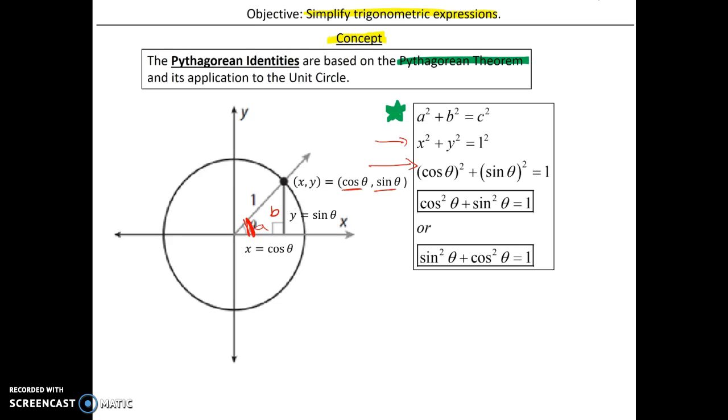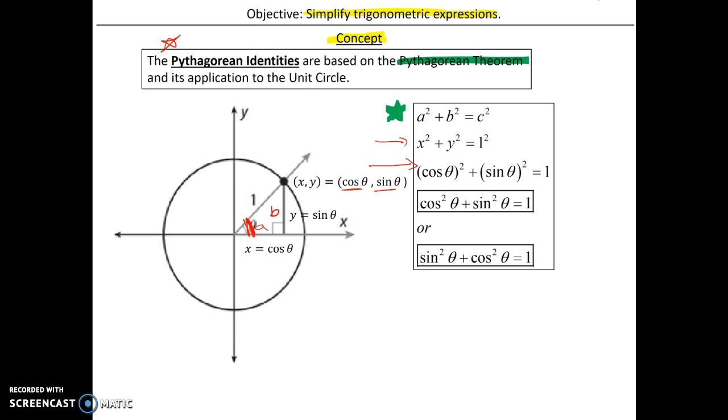So we get what we're going to be working with a lot in this unit, which is our Pythagorean identity. This is a very important idea in this unit. Cosine squared theta plus sine squared theta is equal to 1.